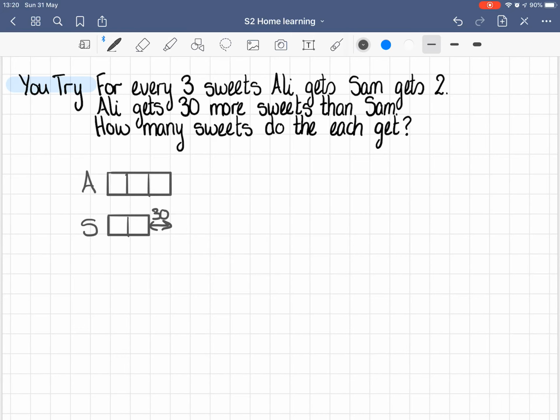So this difference is 30, sorry, 30 sweets. I want to know how many sweets do they each get. So that difference, the 30 sweets, is only 1 part. So Sam has 2 parts. So 2 parts of 30 means that Sam gets 60 sweets.